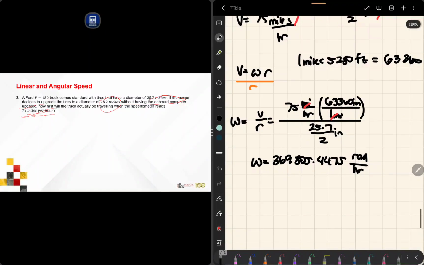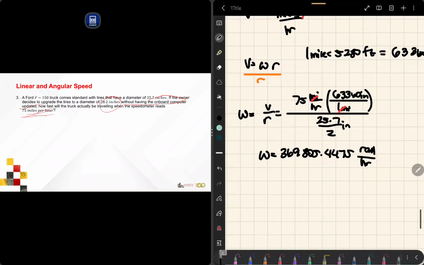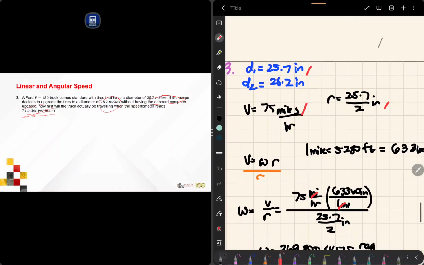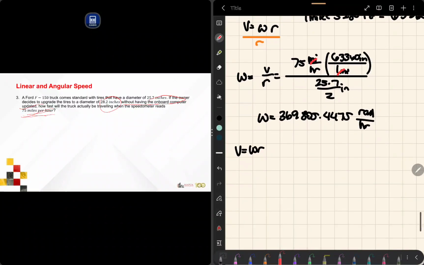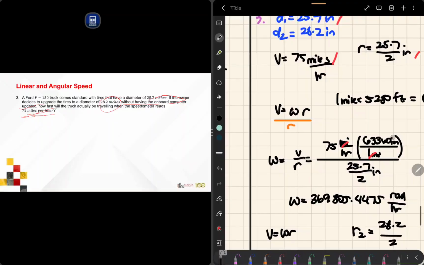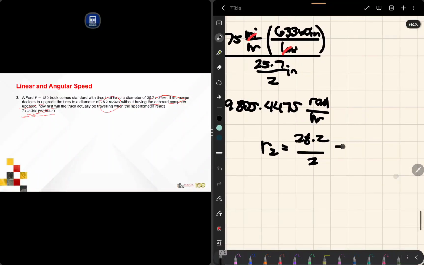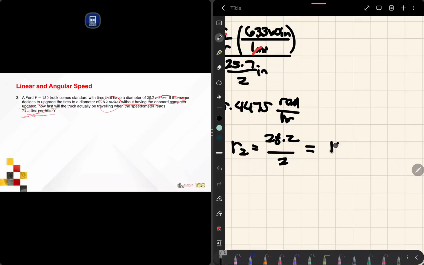Now that we have our angular speed, we can use it to solve for our velocity when the tire is changed. Again, V is equal to omega R. We are tasked to find the velocity. We have our omega, but we still don't have our R. Our D2 is 28.2, so R2 is simply 28.2 over 2, which is equal to 14.1 inches.